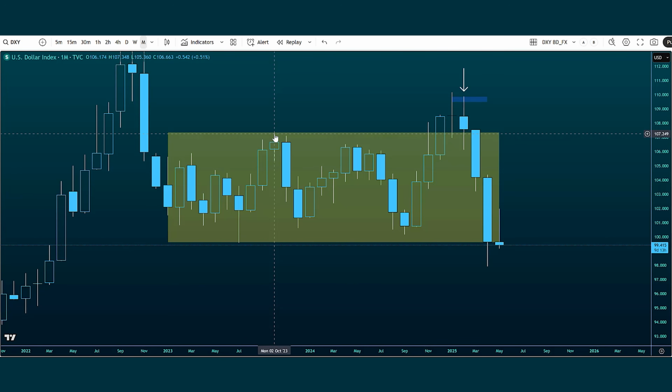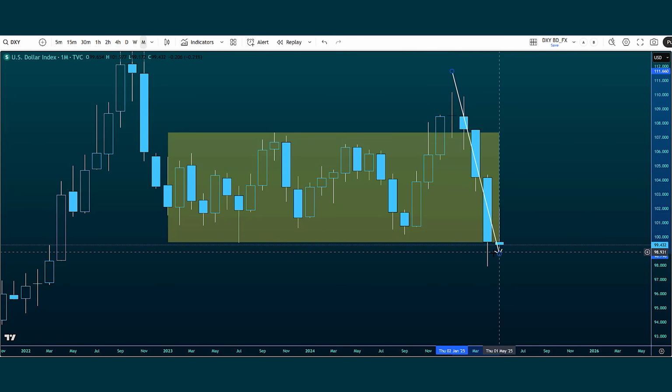Here, what has price done? It's pushed up, false move down, up, take out, bring in the retail buyers, and then bang, we come back down. If you're looking at taking a sell trade here at the top of a range, where's your target? The bottom of the range.